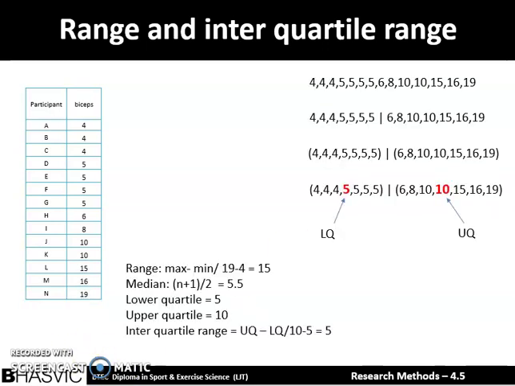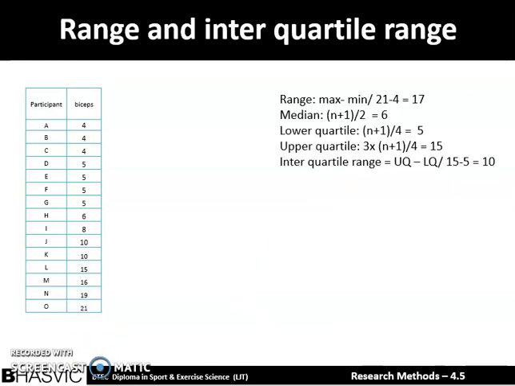On the last slide, this was how you worked out the range and interquartile range if the number of participants you had was odd. Because if you added 1 to work out the median, lower quartile and upper quartile, it would give you an even number, which would divide to give you a whole number rather than a decimal.